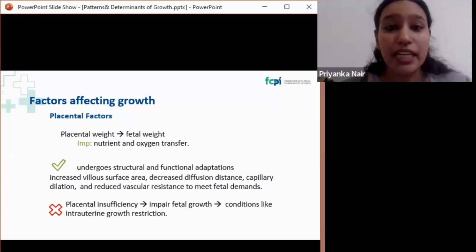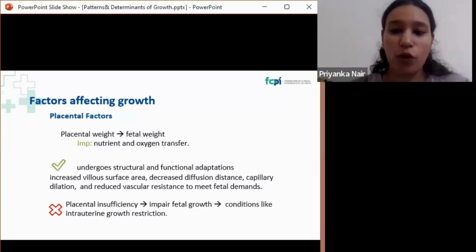Placental weight is very closely related to the fetal weight. Why? Because placenta is important for nutrient and oxygen transfer. In case of a well-functioning placenta, it undergoes structural and functional adaptation, such as increased villus surface, decreased diffusion distance, capillary dilation, and reduced vascular resistance to meet the fetal demands.